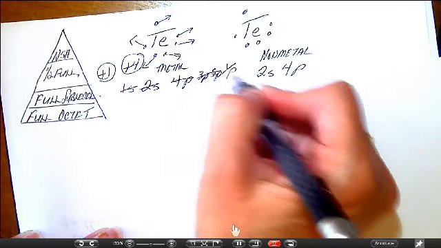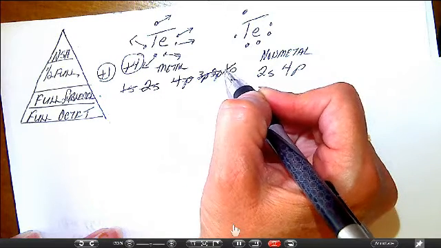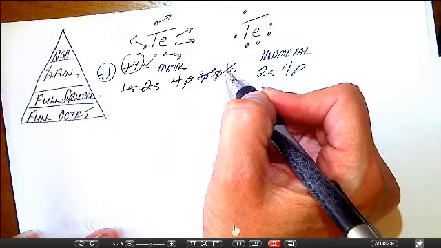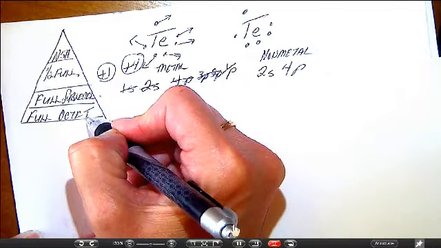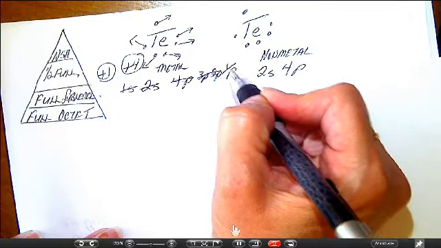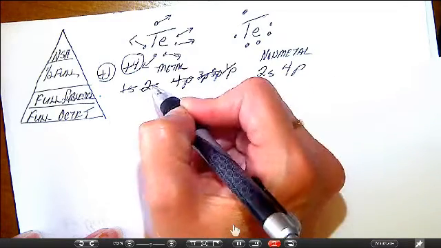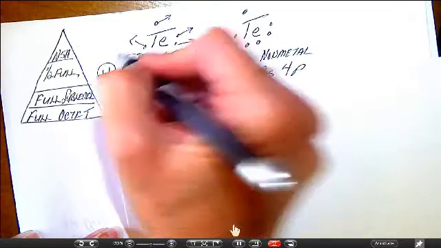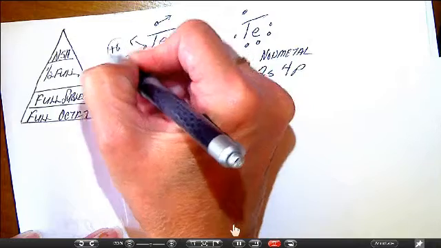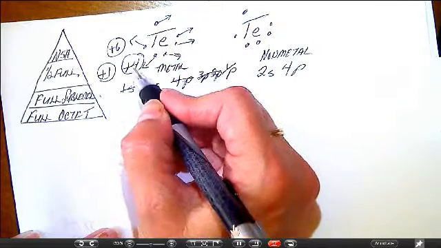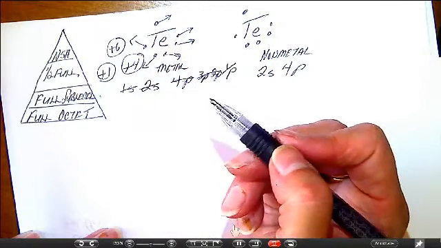Give away the last one, everything in that outer valence electron ring is gone. We're now down to the full octet. Total given away, 1, 2, 3, 4, 5, 6. So we have +1, +4, and +6 so far.